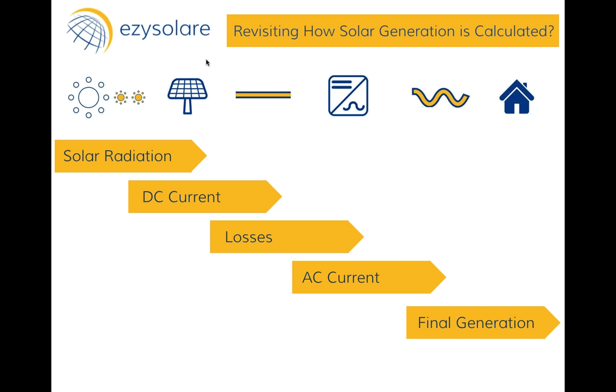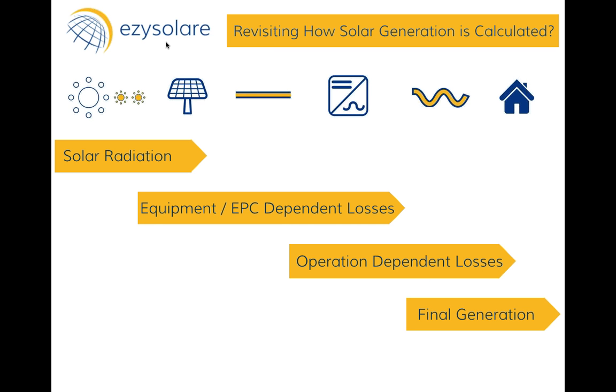There are a couple of losses in between. We'll get to that in a while. After losses, the DC current is fed into the inverter, which converts it into AC current. Finally, the AC current is fed into the load or the grid, depending upon whether you are using it for your own consumption or for exporting to the grid. And finally, you get the generation.